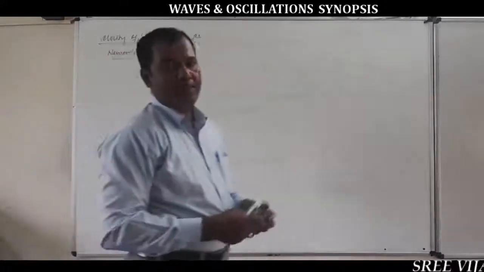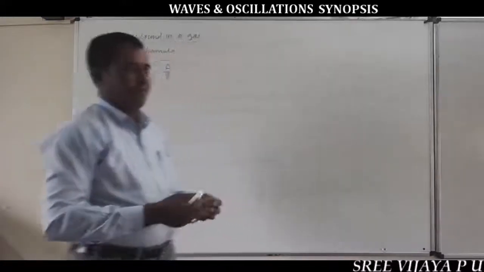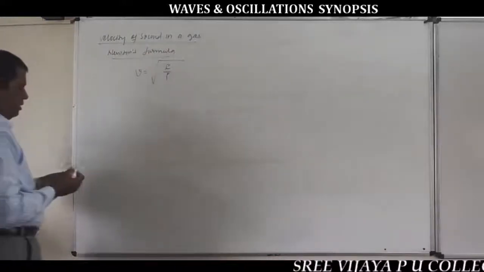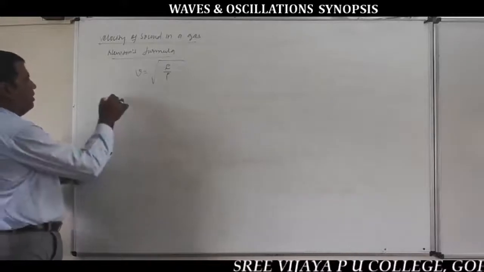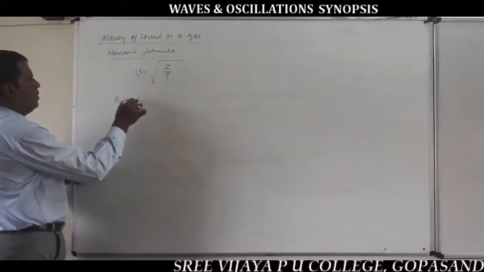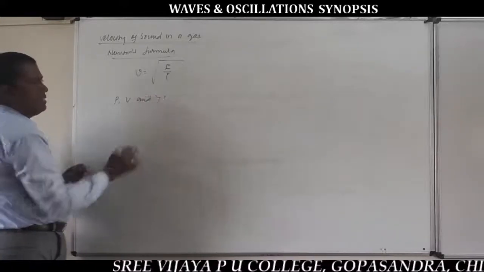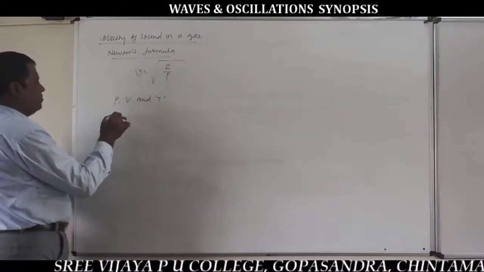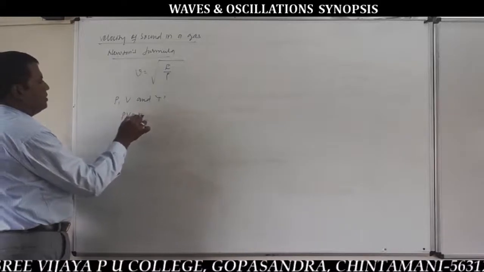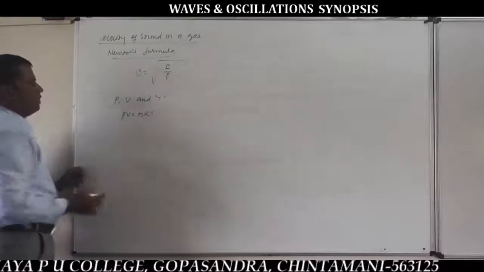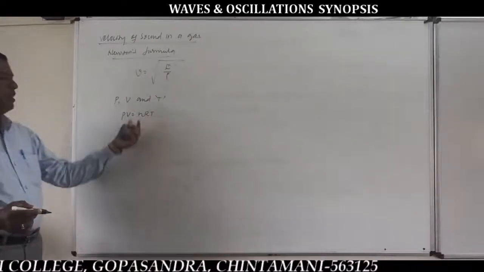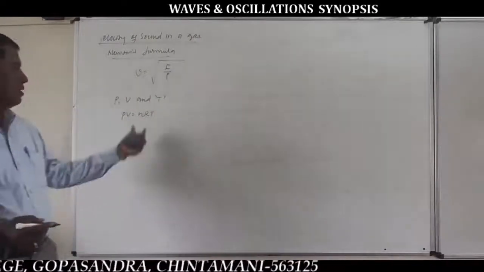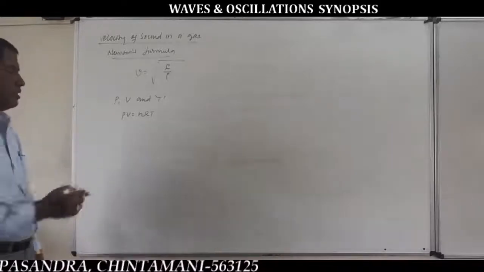For an ideal gas, the pressure P, volume V and temperature T are related by PV is equal to nRT, where n is the number of moles of the gas and R is the universal gas constant.